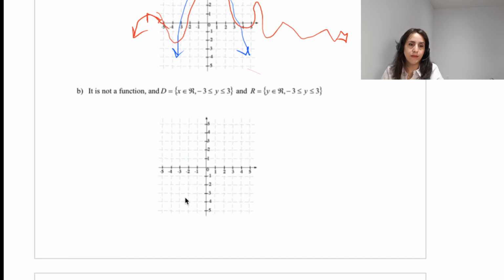Next example. It is not a function. Be careful, it is not a function.